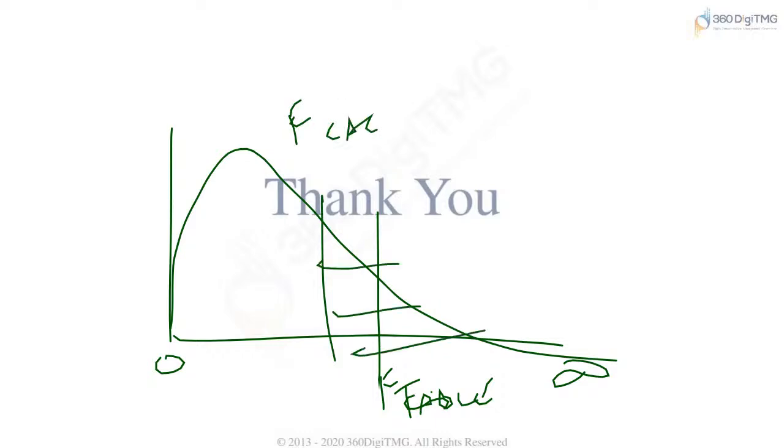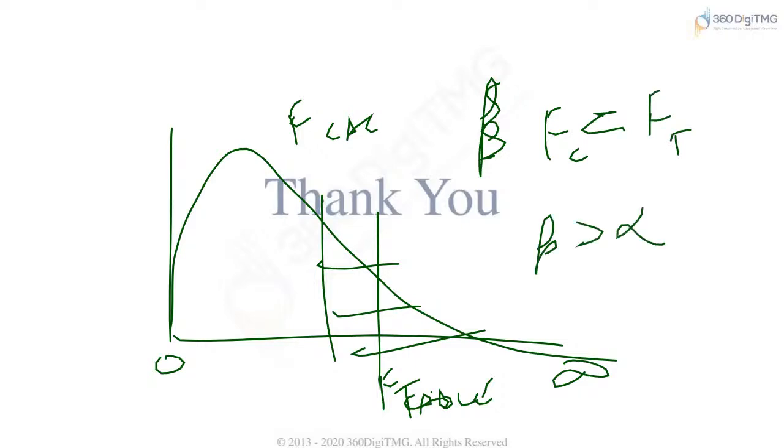If F calculated is less than F table, then P is greater than alpha. So P high, null fly: failed to reject the null hypothesis, you accept it.